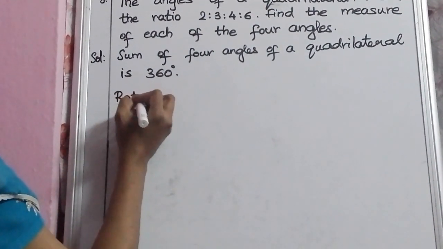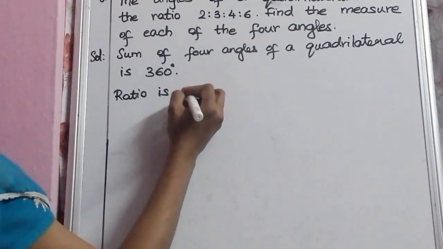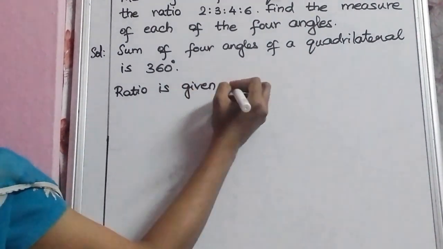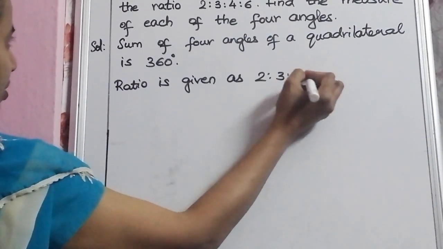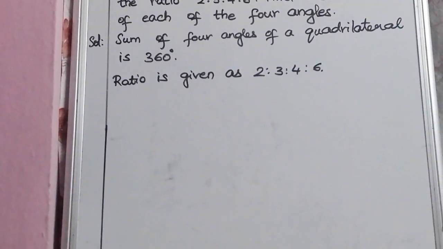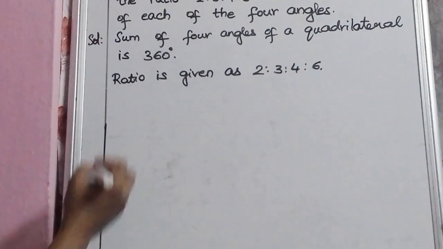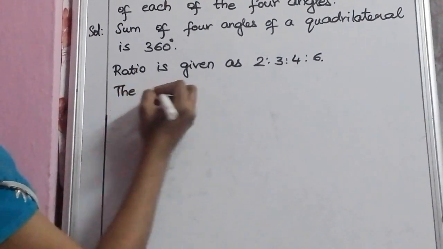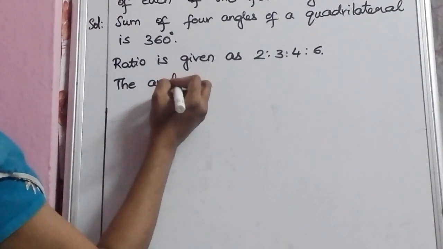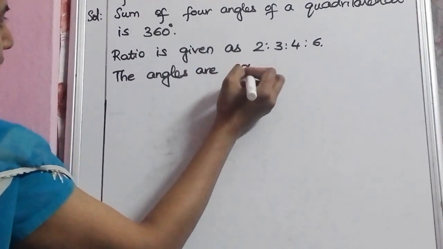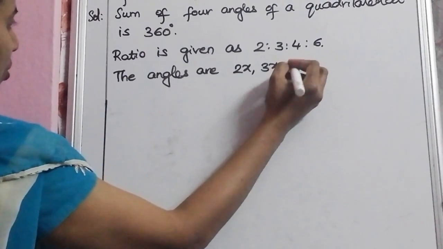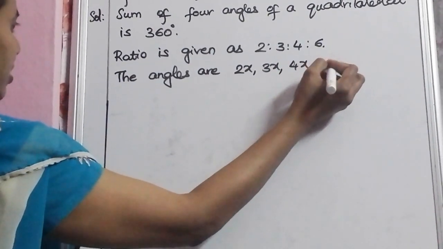So now here they have given the ratio as 2:3:4:6. So this you can write it as the angles are, let us take x as the variable, 2x, 3x, 4x and 6x.